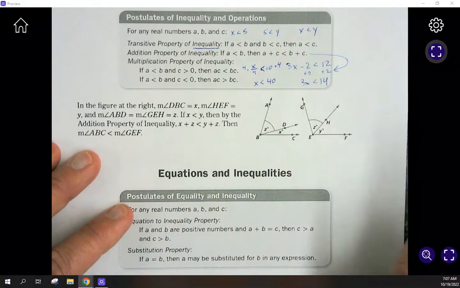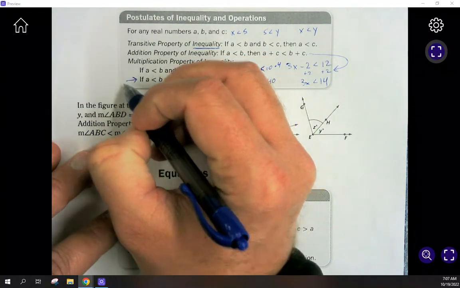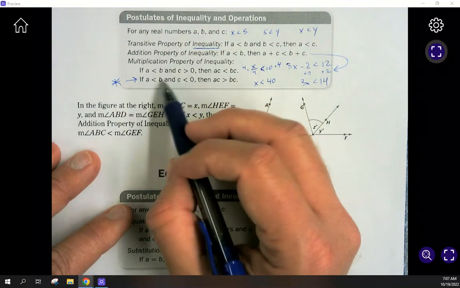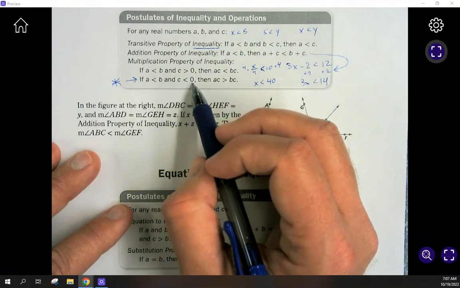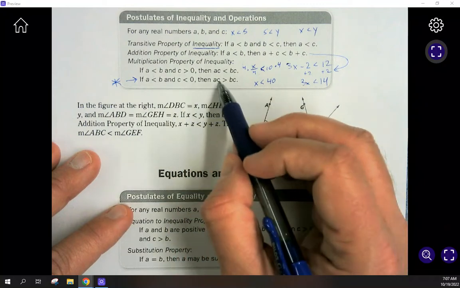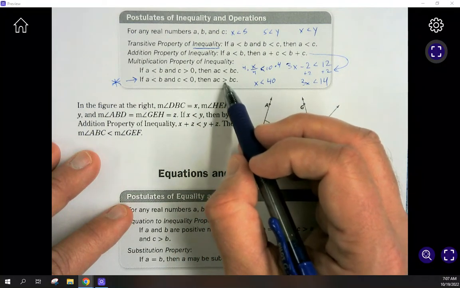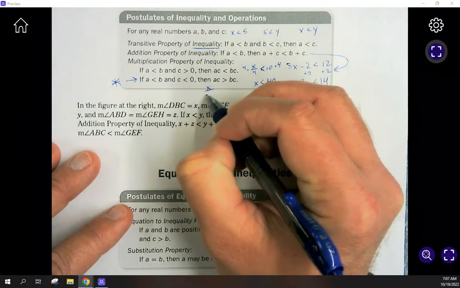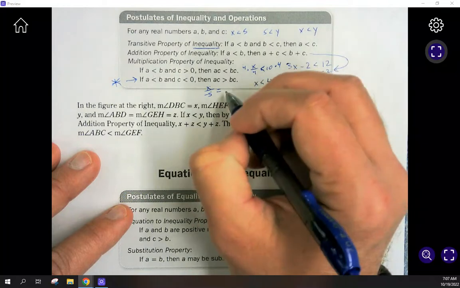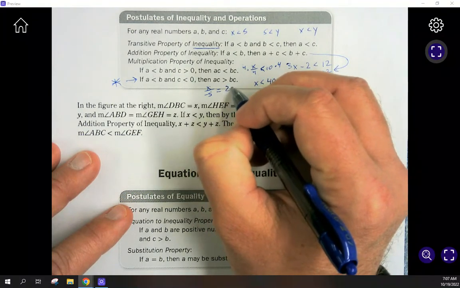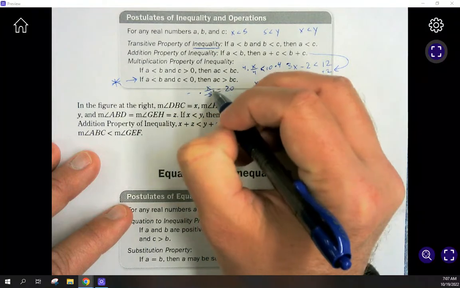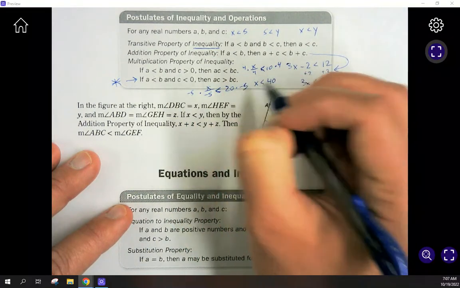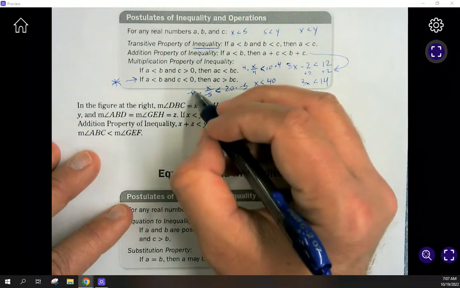But part 2, the special part, and we've talked about this through algebra, is that when c is less than 0, so we're starting with the same thing, but if c is less than 0, so it's a negative number, if I multiply both sides by a negative number, this now has to flip. So if I had x over negative 5 less than 20, if I multiply both sides by negative 5, this clears out.